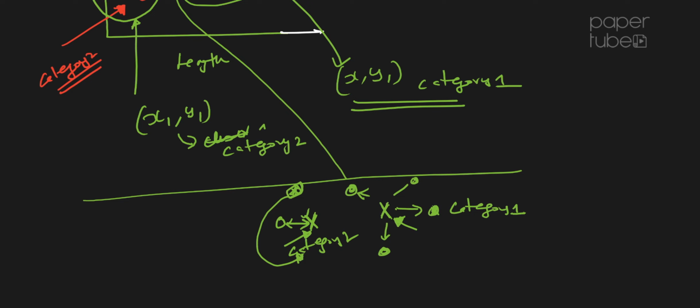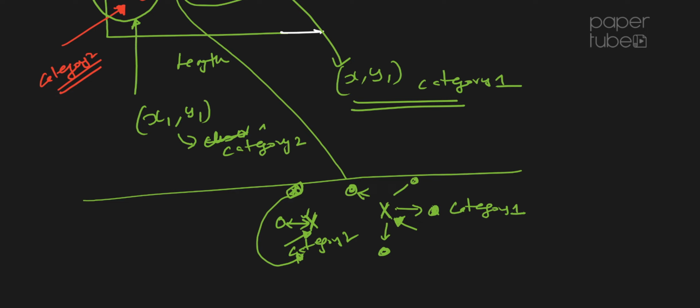So all it does is pick some random points, and then it calculates the Euclidean distance and assigns some categories. And once it assigns the categories, you take all the x and y, calculate the average, and then it calculates the new cluster center. And based on the new cluster center, it again calculates the Euclidean distance, and based on the new Euclidean distance, it assigns each data point a particular category.